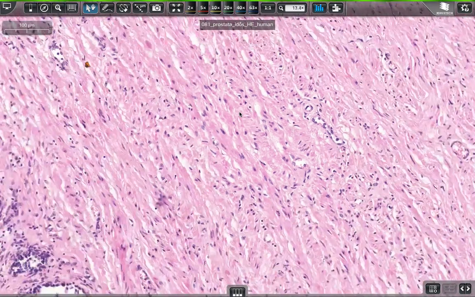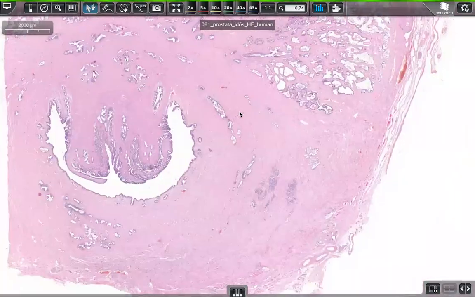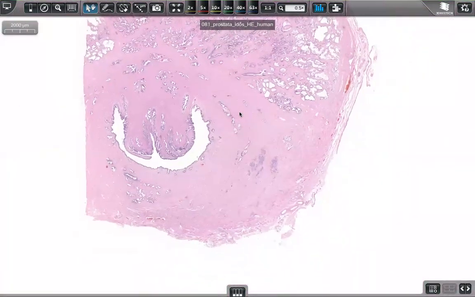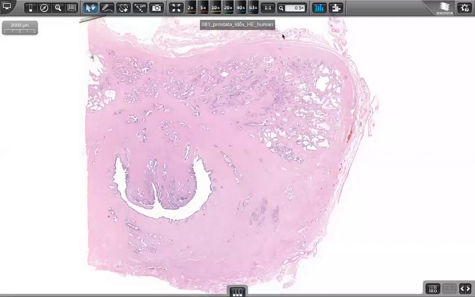So back to the small magnification. Prostate is surrounded by a dense irregular connective tissue, and this capsule is fused with the bladder. In the prostate gland, we can find at the periphery, the peripheral zone, main glands lined by simple columnar cuboidal cells.